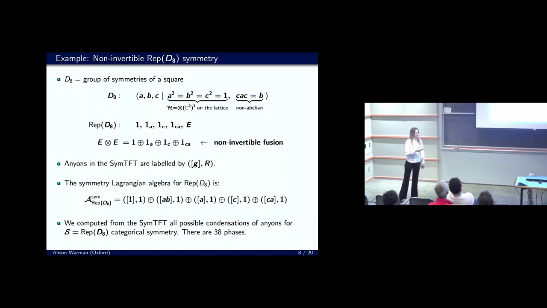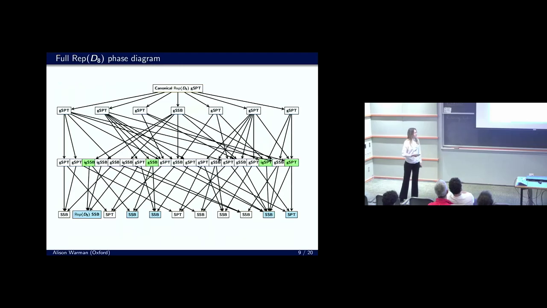And once we fix the symmetry algebra, by then choosing as the physical boundary of the SymTFT all the possible condensable algebras, we will get all gapped and gapless phases. There are 38 of them, which can be arranged into this phase diagram. And I will now zoom into these two colored areas for the examples of igSPTs and igSSBs.